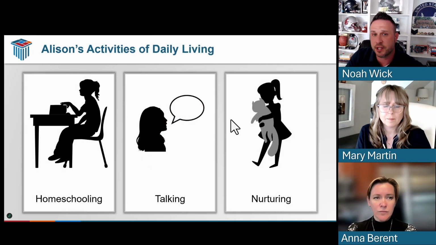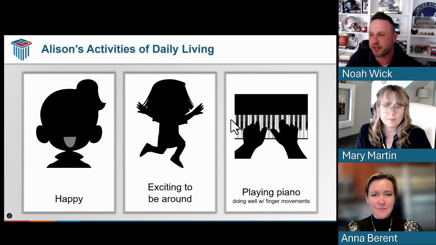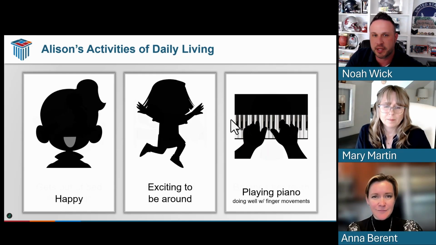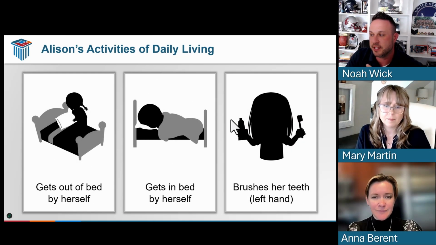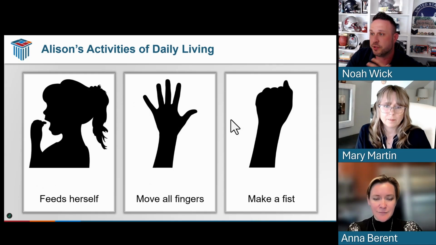Showing various different silhouettes based on the expert testimony or the IMEs that are done: they're homeschooling, they're talking, nurturing, they're happy, excited to be around, they're playing piano, they can get out of bed by themselves, brush their own teeth. And so showing a series of silhouettes helps bring that positive side early on, maybe in mediation. Maybe a lot of these are probably saved for an actual jury trial.